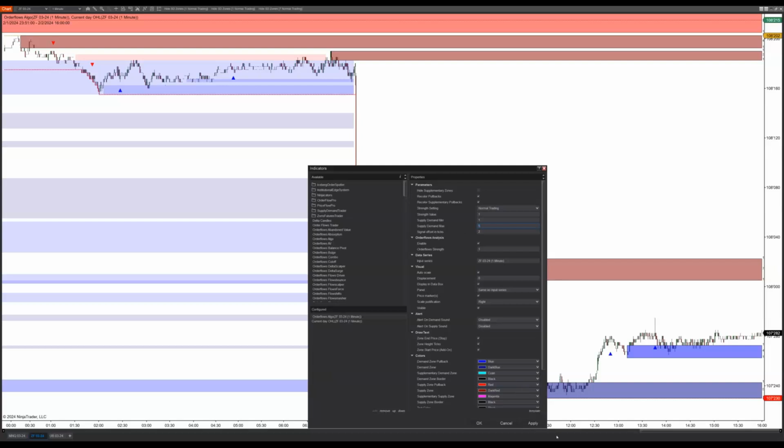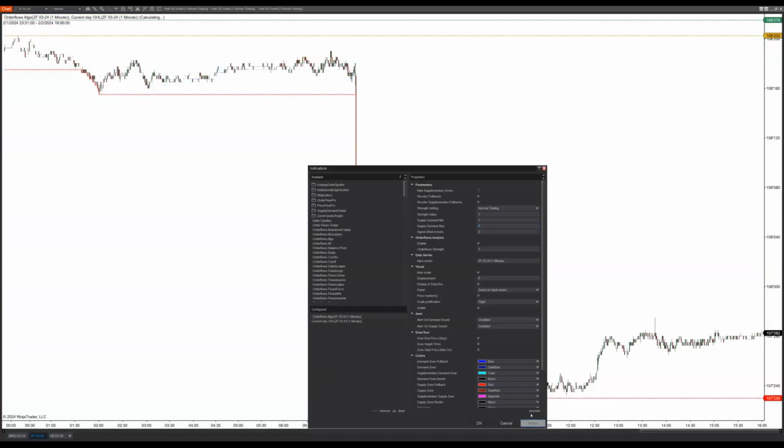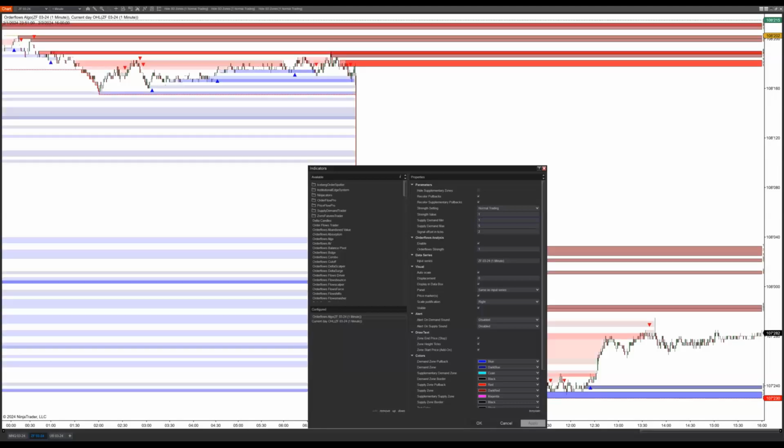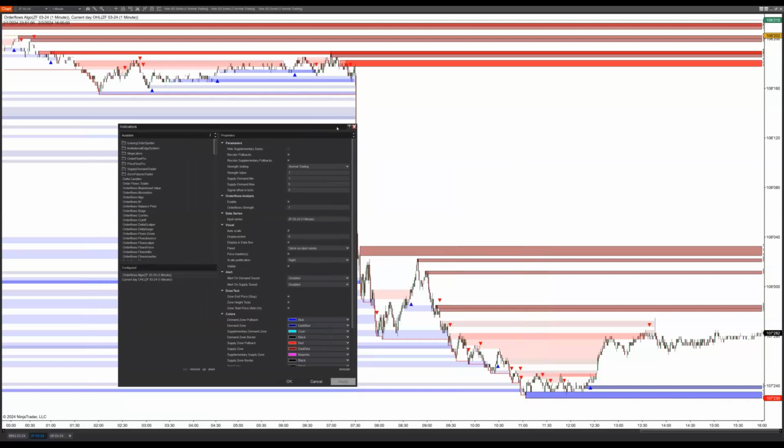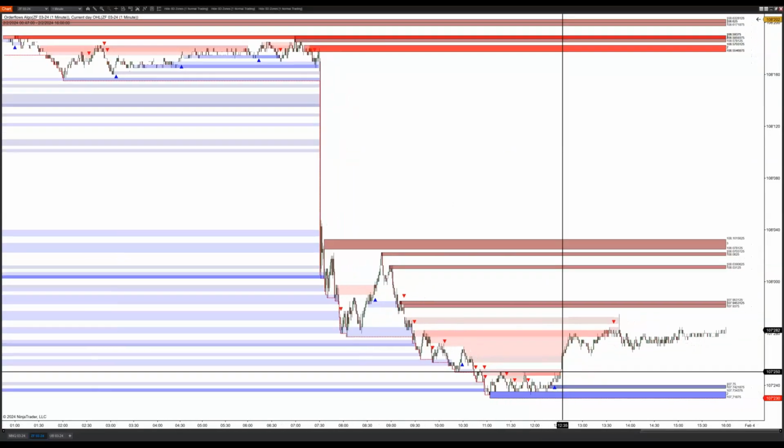I'll set that max to 5. There's going to be, with this strength value of 1, which is about as low, I should probably have set the order flow strength different, but I got it at 1 anyway. But you can see in here, okay, let's close that down.